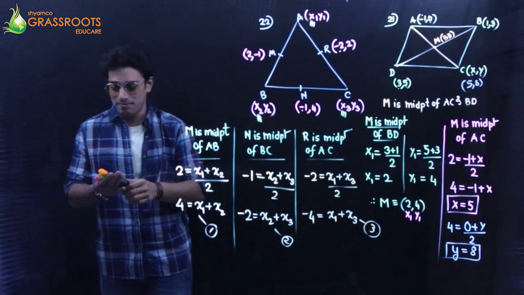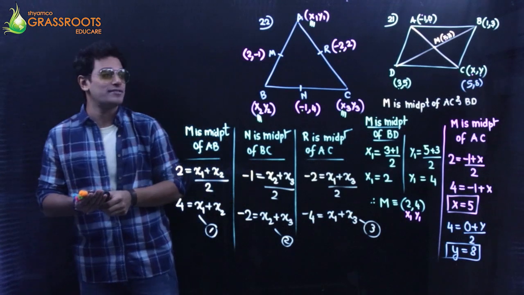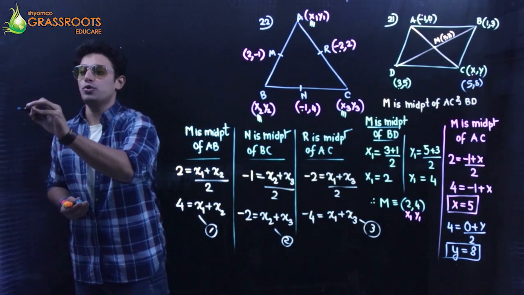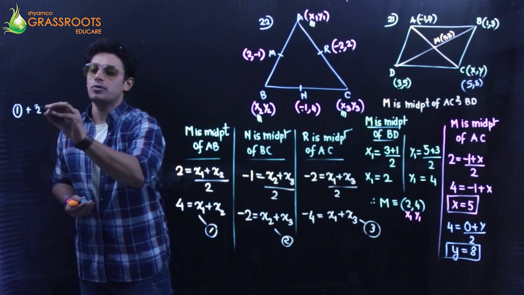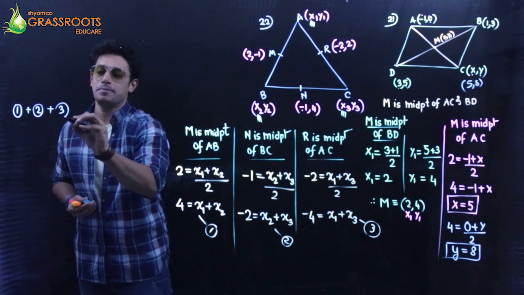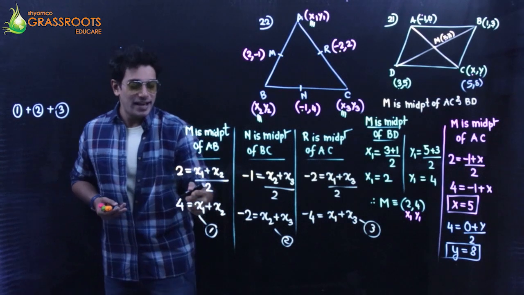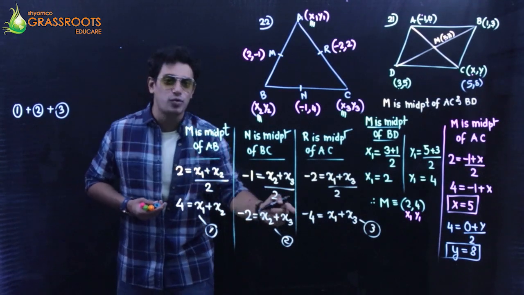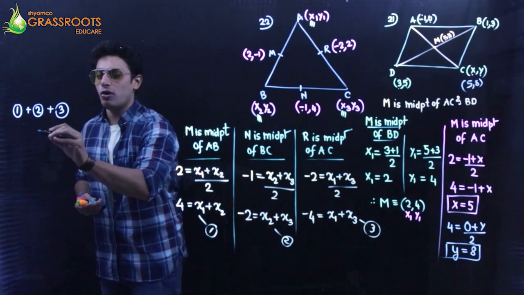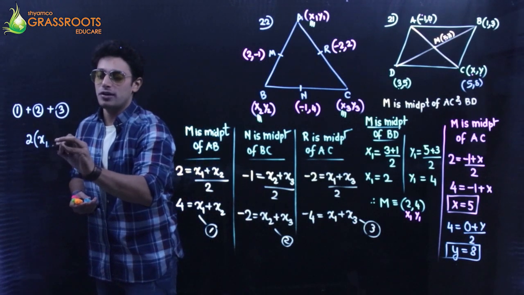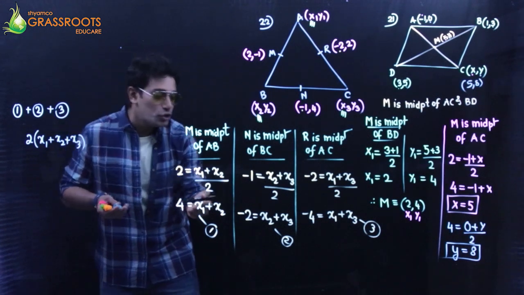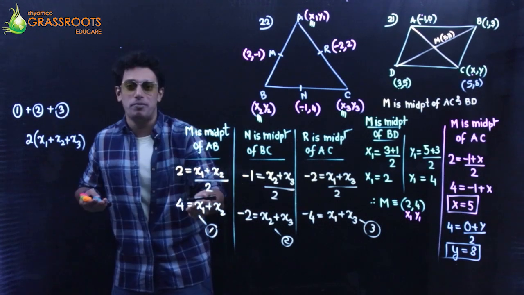It's not over. Listen. Add all the 3 equations. I'm going to do 1 plus 2 plus 3. So if you add x1 plus x2 plus x2 plus x3 plus x1 plus x3, when you add all of them, you get 2x1 plus 2x2 plus 2x3.